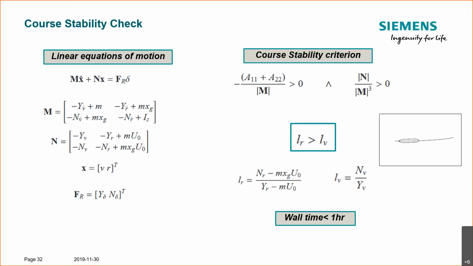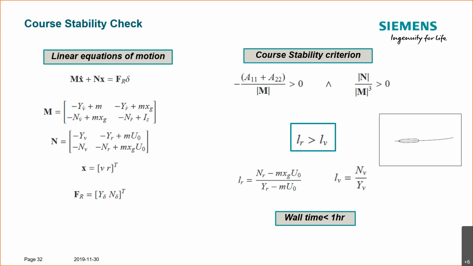And what you see is, because we know the mass, the longitudinal center of mass and the forward speed, all we need is the linear coefficients with respect to the sway force and yaw moment in V and R. So in order to do that, we just need 3 drift tests and 3 turning tests.